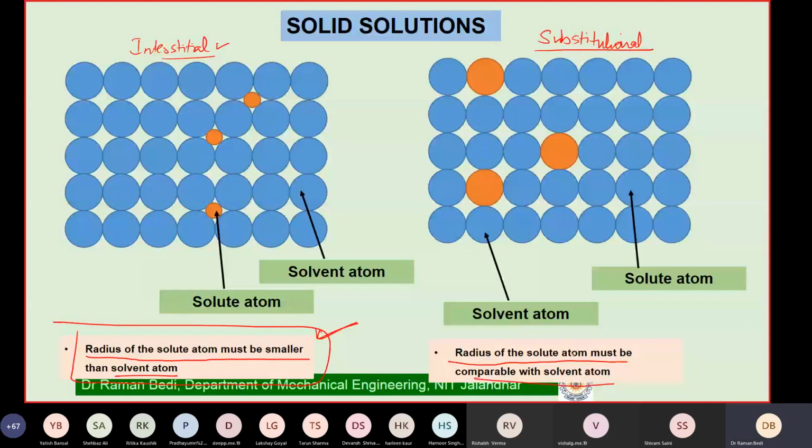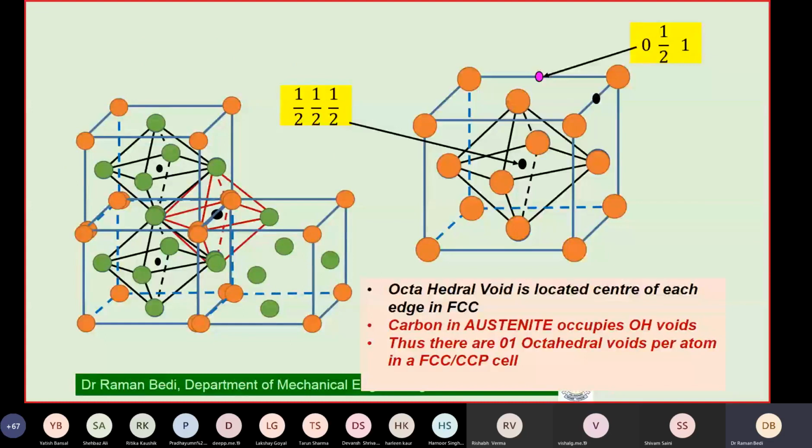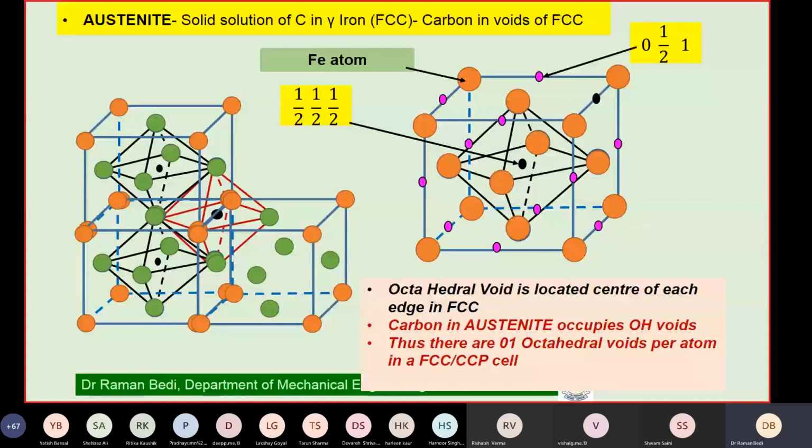So we explained it already that what happens in the case of austenite. It's a solid solution of carbon in gamma iron, where carbon is in the octahedral voids of FCC, which we have already elaborated in our discussion earlier, that where are those voids, what is the size of those voids. So we saw that in terms of your iron atom, the carbon atom has a radius of 0.7, the octahedral void size happens to be 0.551 somewhere.